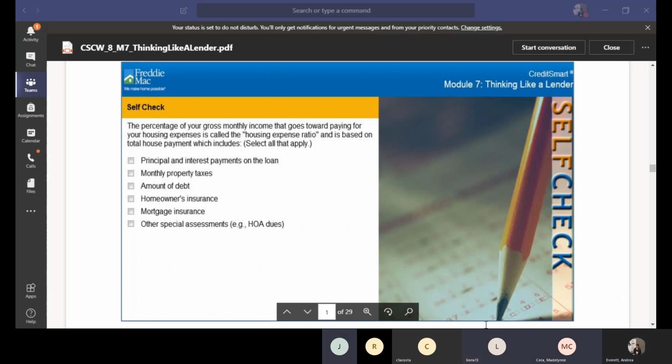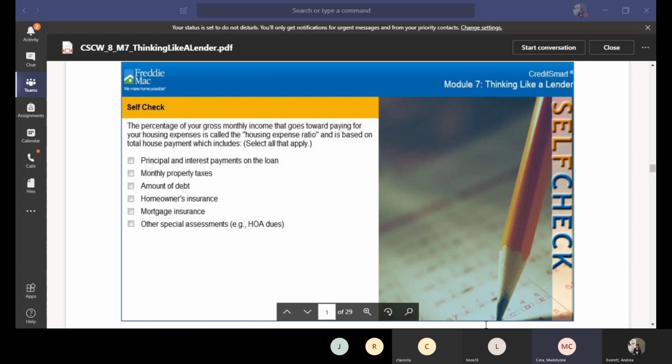Or who else wants to answer? Mortgage insurance? The percentage of your gross monthly income that goes towards paying for your house expenses is called the house expense ratio, and it's based on the total house payment. Do you think it includes mortgage insurance? Yes, correct.